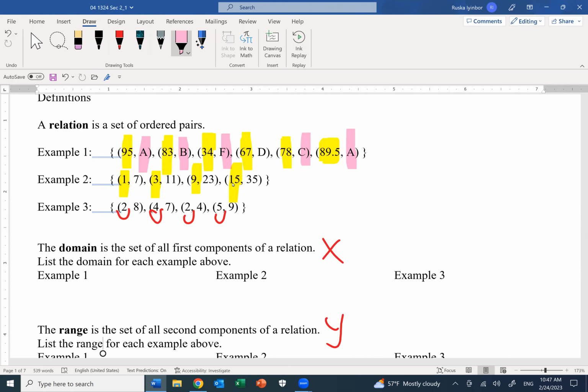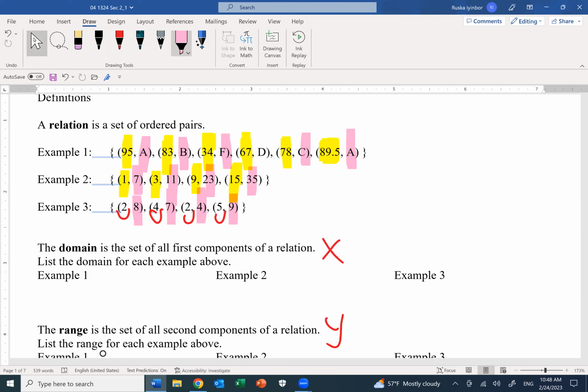The same way, for example 2, you probably already noticed the elements of the range are going to be 7, 11, 23, 35. And for example 3, we have 8, 7, 4, and 9 as the elements of the range.